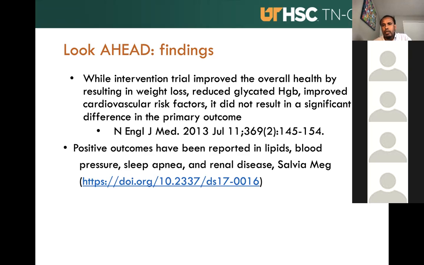So when the study was published in 2013, there was no difference in terms of the composite outcome, but there were some improvements in lipids, glycated hemoglobin, weight loss, and the like. Other positive outcomes have been reported in blood pressure, sleep apnea, and renal disease, and this was reported by one of the authors.